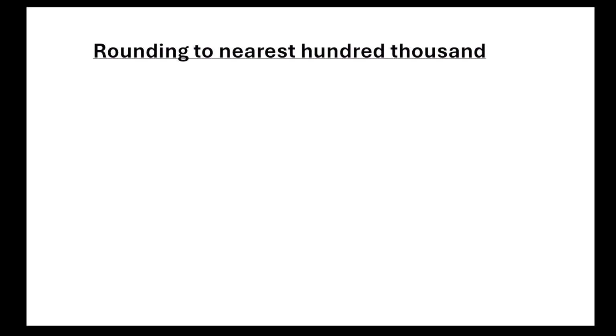Take another example. 224,318. As you know, first we have to find the 100,000 place digit. Ones, tens, hundreds, ones, tens, hundreds, 1,000, 10,000, and this is 100,000.